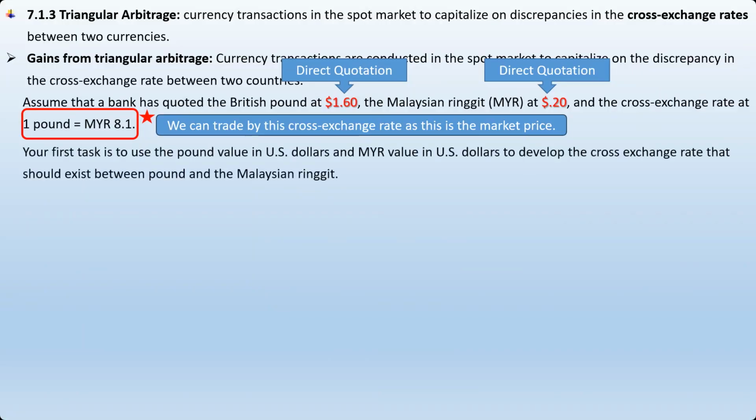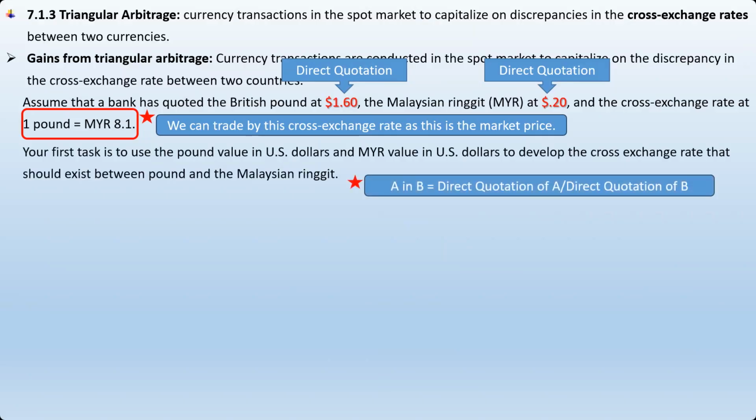Our first task to check whether we have an arbitrage opportunity or not is to use the two direct quotations to derive a cross exchange rate, which we call the implied cross exchange rate.